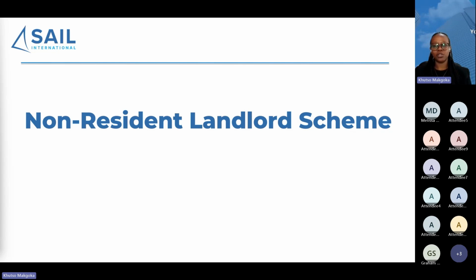How it works is usually letting agents or tenants are required to withhold tax up to 20% on the net rental income for non-resident landlords on a quarterly basis, unless HMRC specifically gives you permission to receive the gross. Now, the permission route requires a whole different application, so you can prove a few things before they can let you escape this.